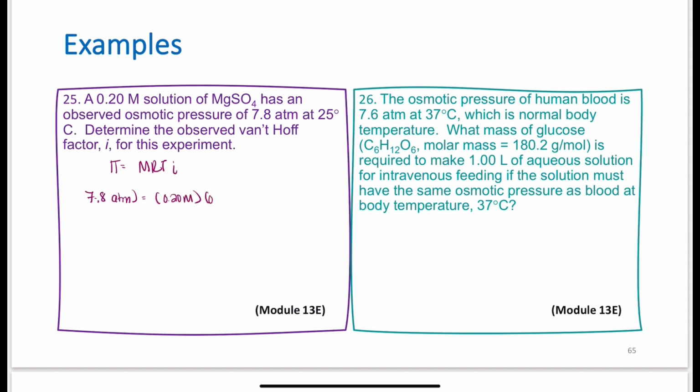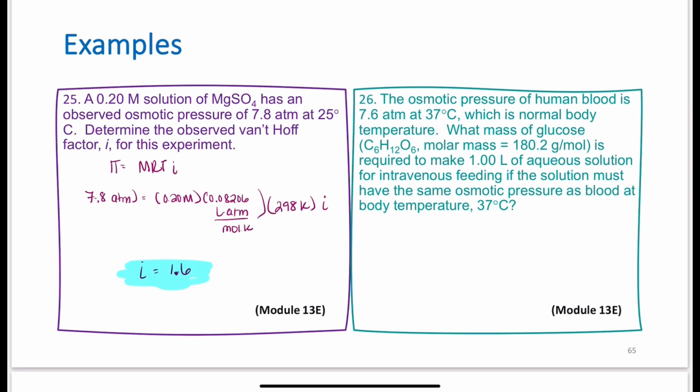I know my gas constant is 0.08206 liter atmosphere per mole K. I know my temperature is 25 degrees C, which is 298. And I'm trying to figure out what i is. So i is what I'm solving for. When I solve that equation out, I'm going to get an i value of 1.6.